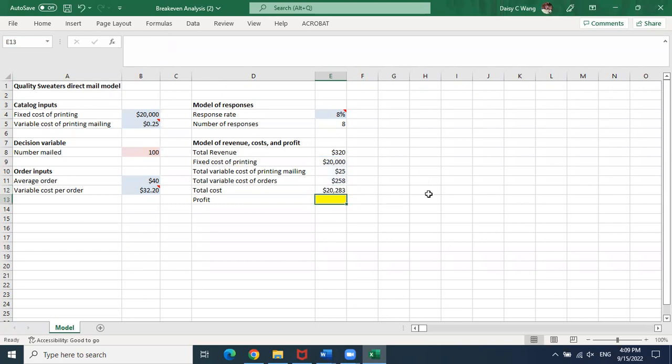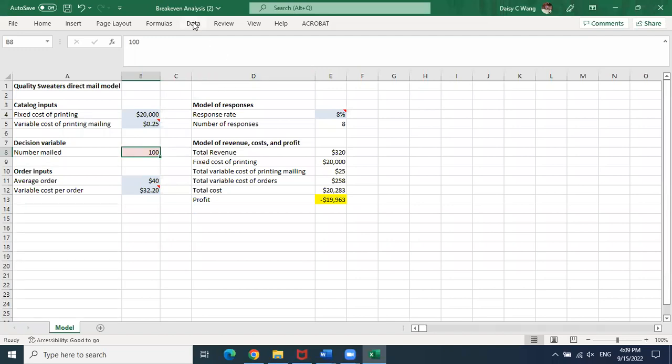Then the profit will be equal to the revenue minus the cost here. Because now we're only printing 100 catalogs and our fixed cost is really high, we want to run the model to see approximately how many catalogs we need to print.